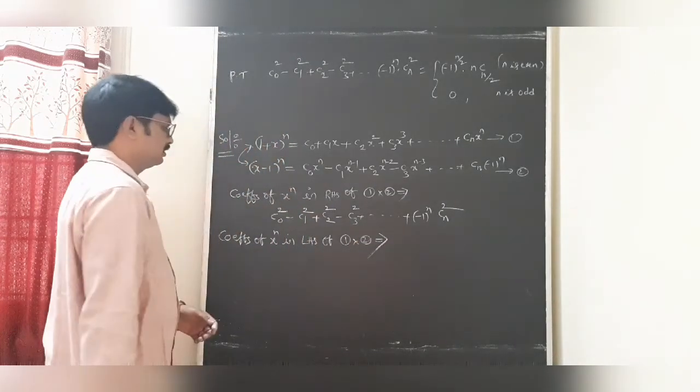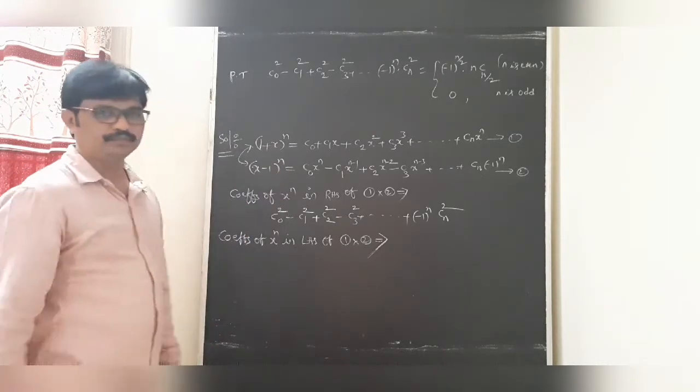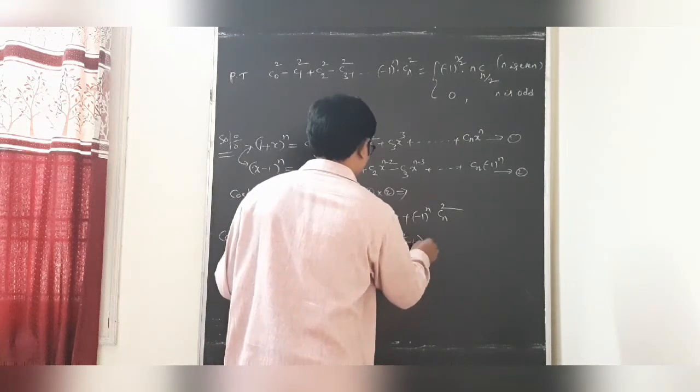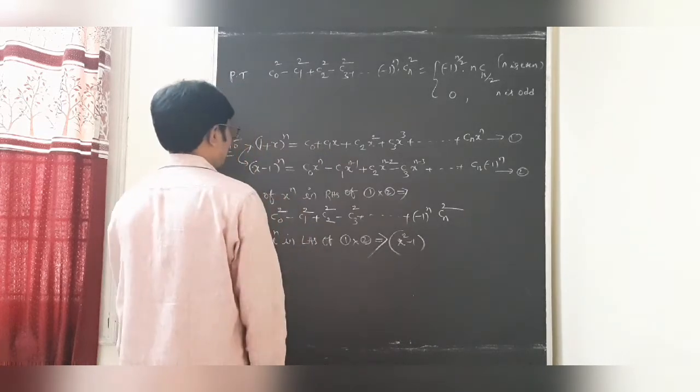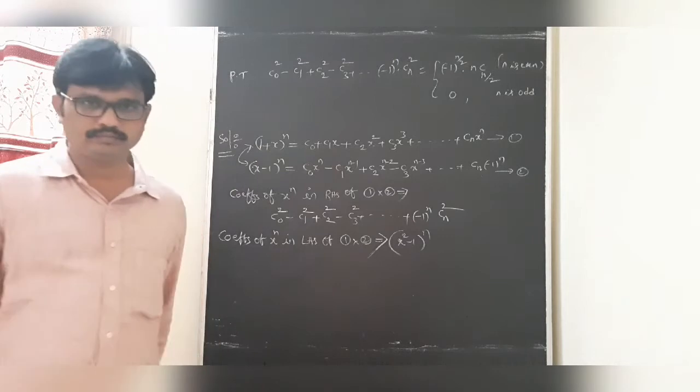So dear students, what is it there? A plus b into a minus b, a square minus b square. So a square minus b square. Undoubtedly students, this is whole power n.